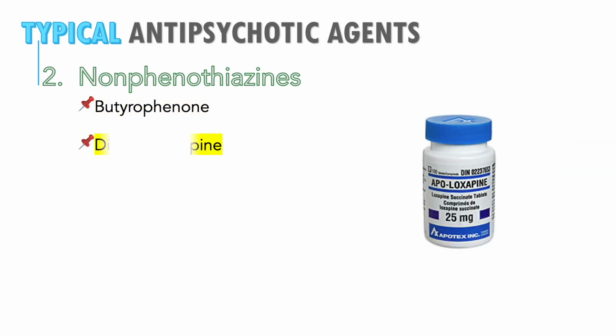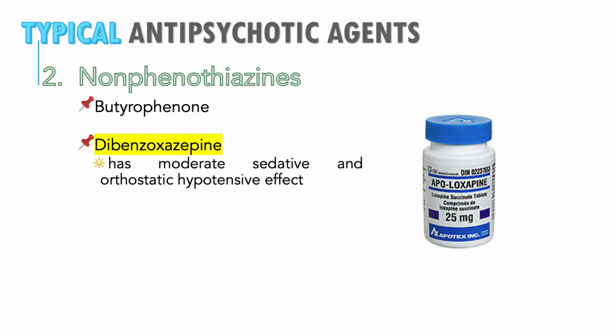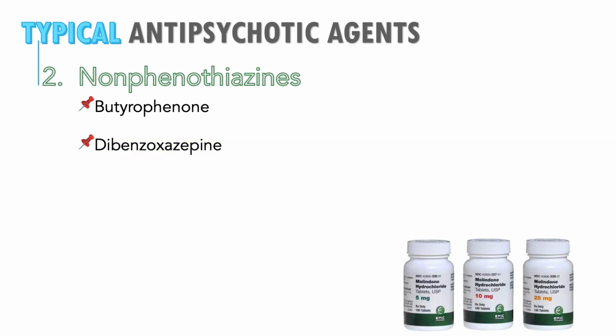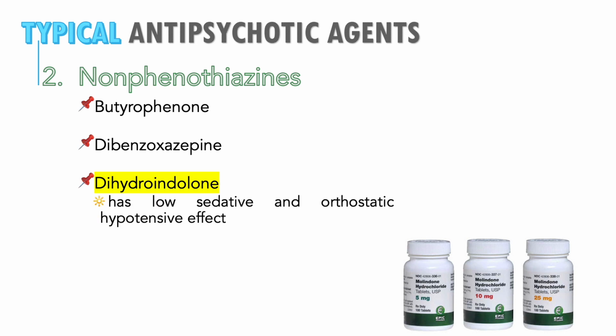Next is dibenzoxazepine. This classification of medication has moderate sedative and orthostatic hypotensive effect. An example of this medication is loxapine. Another classification of medication under non-phenothiazine is a dihydroindolone. This medication has low sedative and orthostatic hypotensive effect.